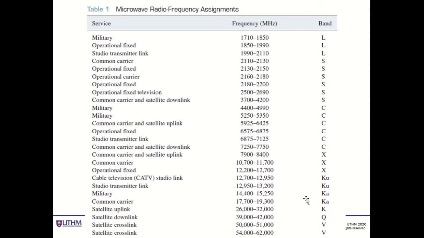These are the bands that we name L band, S band, C band, X band, Ku band, Ka band. I think you already heard of these bands during the course before.